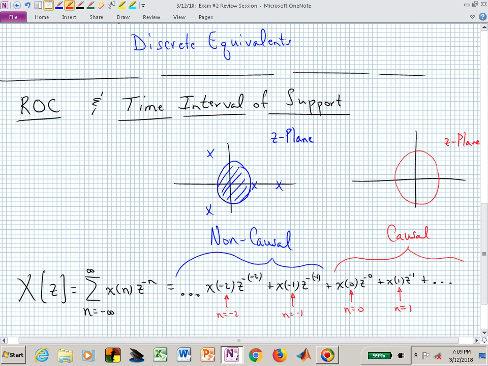Well, I can't let z go to 0. I can let z go unbounded. In this case, the region of convergence is outside. And I can play with the different common ratios in these expressions to find the actual value or expression for the region of convergence.